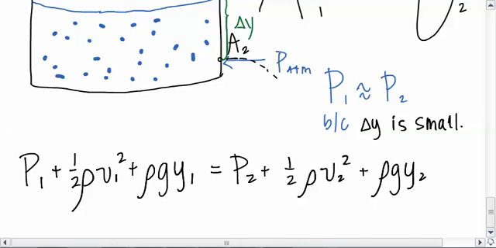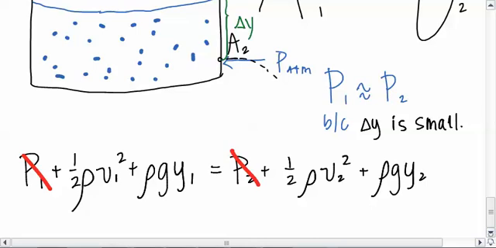Now if P1 and P2 are both about atmospheric pressure, and they're both about equal because the density of air is really small and their height difference is really small, what can I do to this Bernoulli's equation? Yeah, I can take out the P1 and P2 because they're about the same.